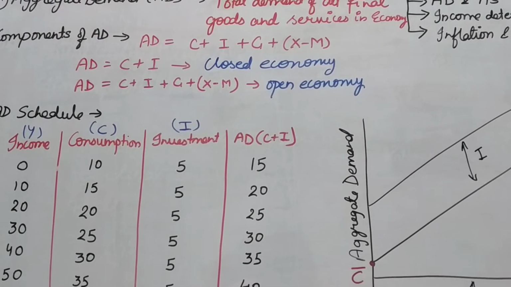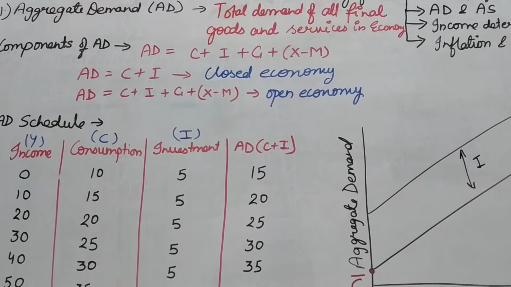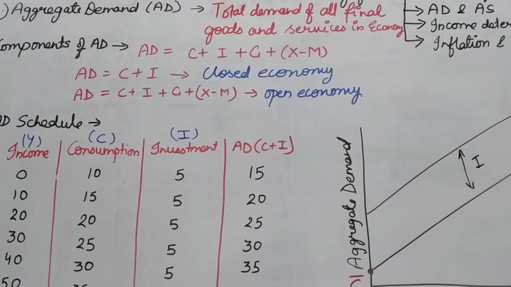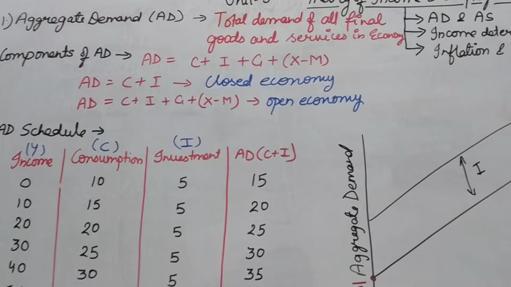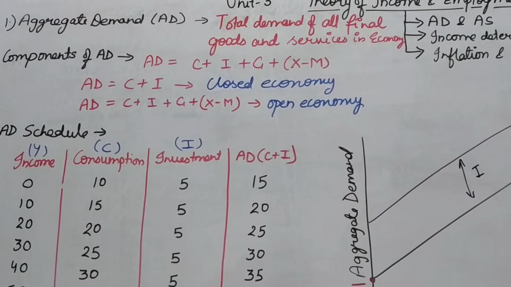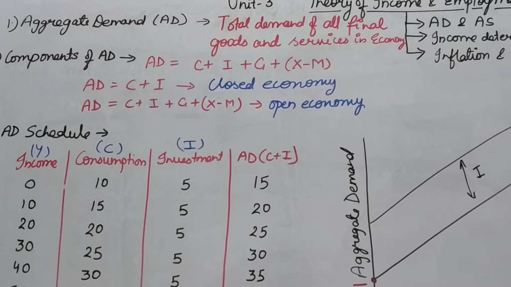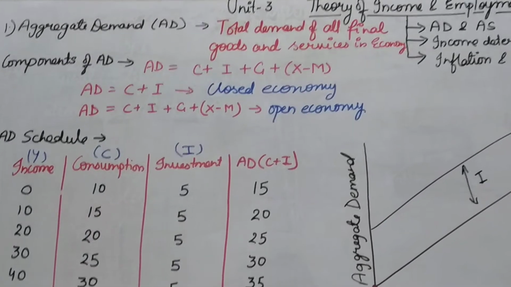It refers to the government expenditure on purchase of consumer and capital goods to satisfy the common needs of the society. And X minus M is the net exports, the difference between the exports and the imports of the economy.